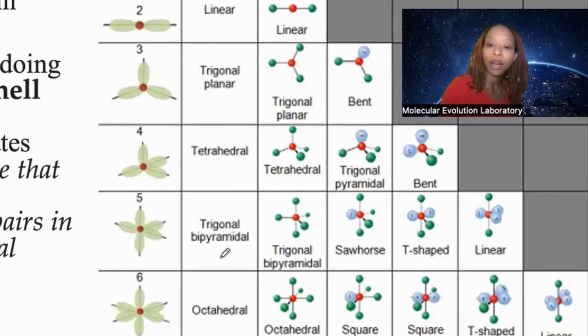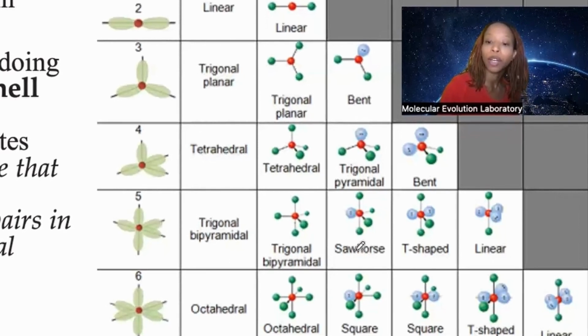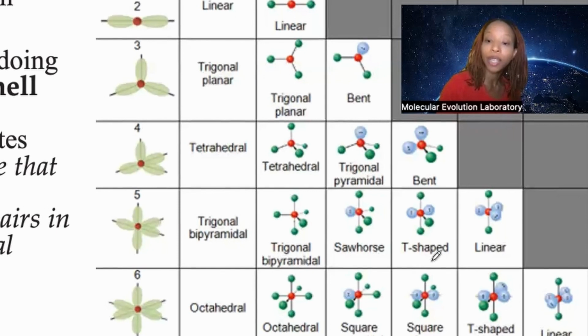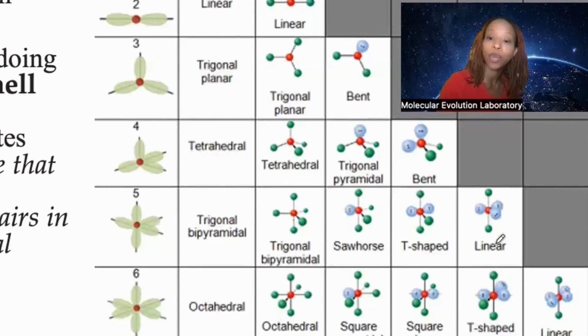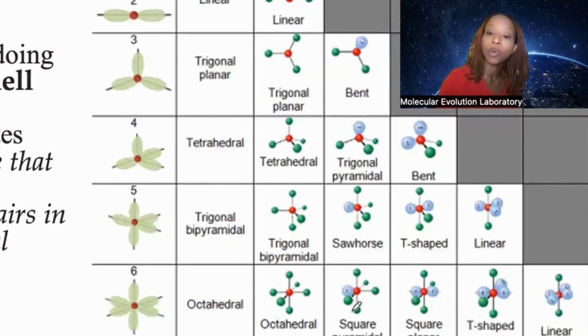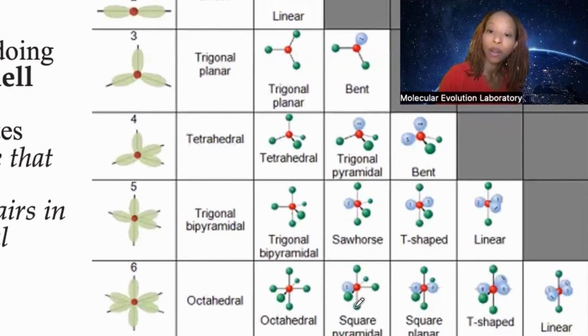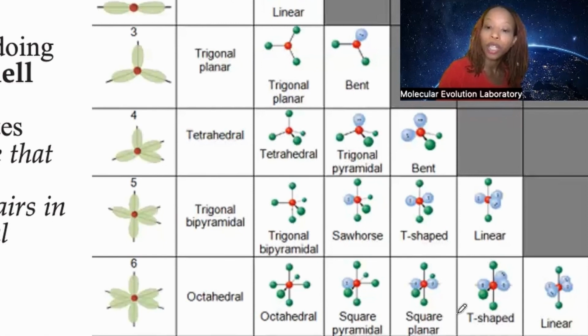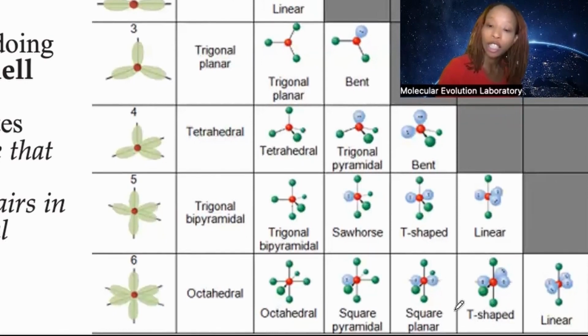Trigonal bipyramidal has a seesaw with 1 lone pair, T-shape with 2 lone pairs, as well as linear with 3 lone pairs. The octahedral has a square pyramidal geometry with 1 lone pair, a square planar geometry with 2 lone pairs, a T-shape with 3 lone pairs, as well as a linear geometry with 4 lone pairs.